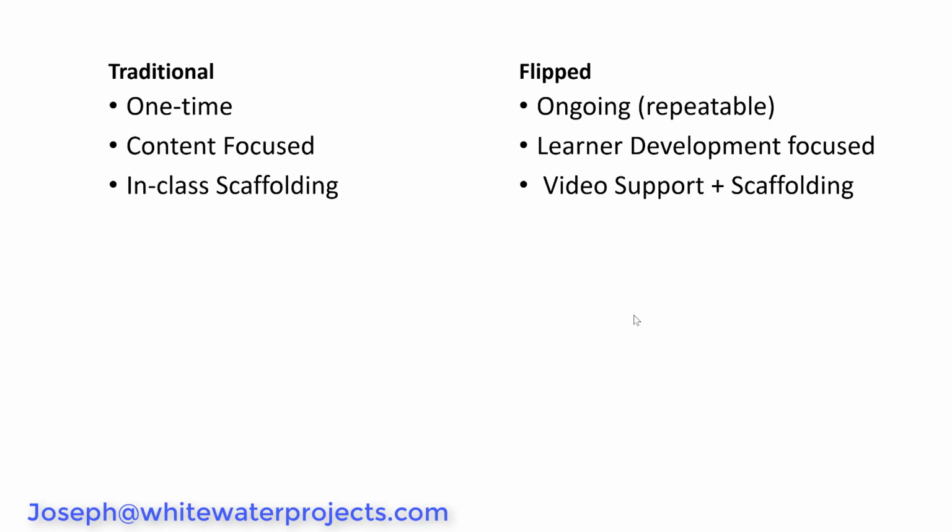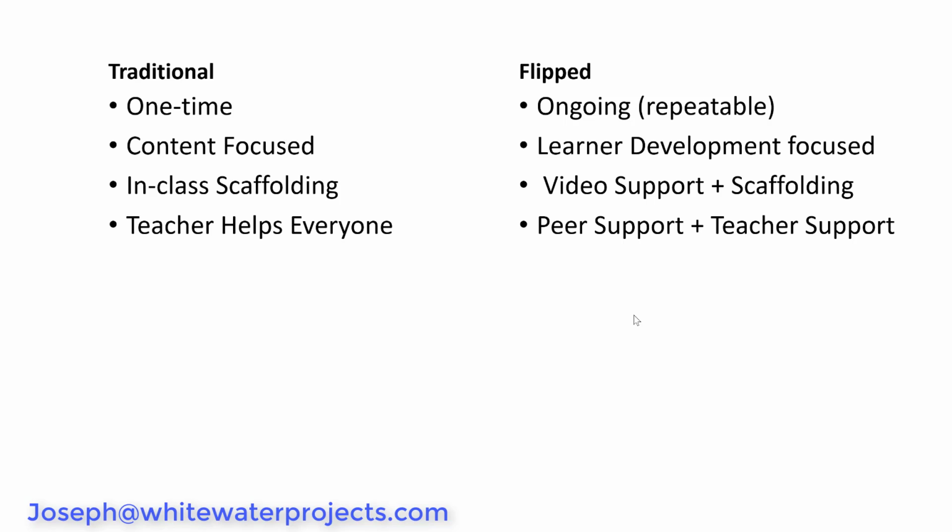So in a flipped classroom, you're actually able to scaffold more because A, they've had the videos to watch already, and so they'll come going, I don't understand X, Y, or Z. And B, you have the peers in the classroom who have watched those videos, and now because we're spending more time on application and understanding, they have time to actually talk with their peers more than if you were in the traditional classroom.